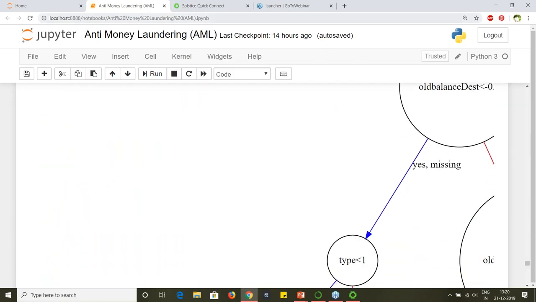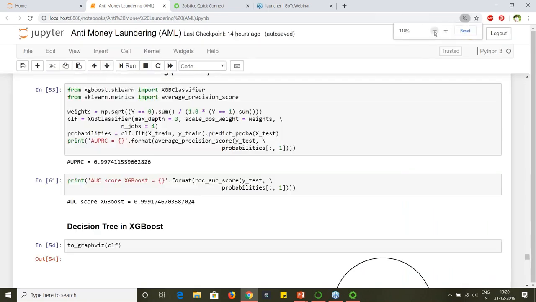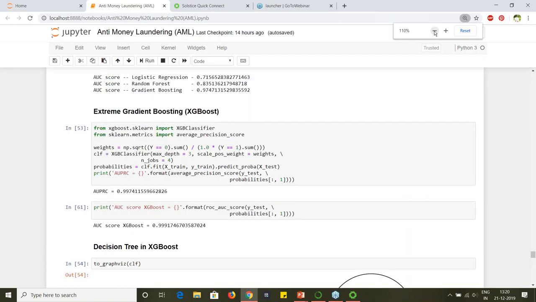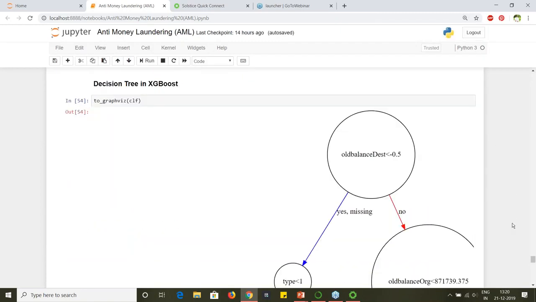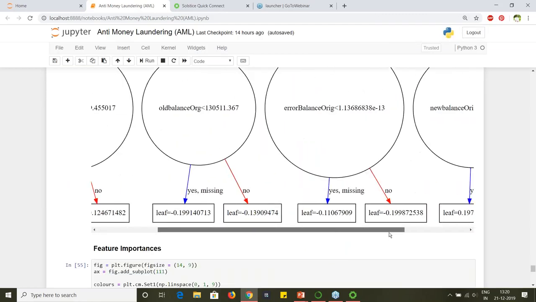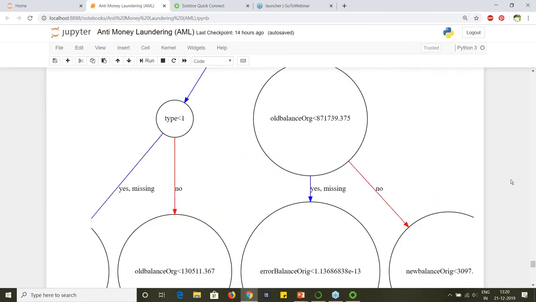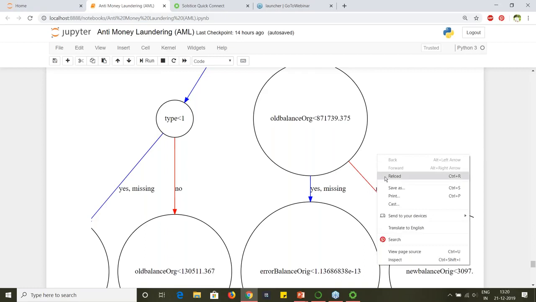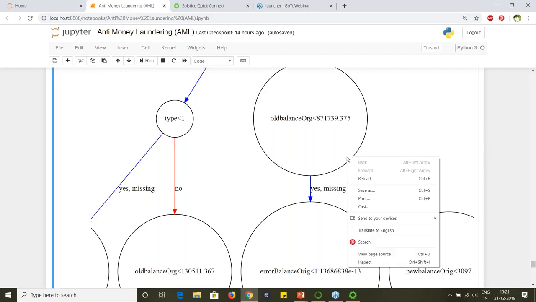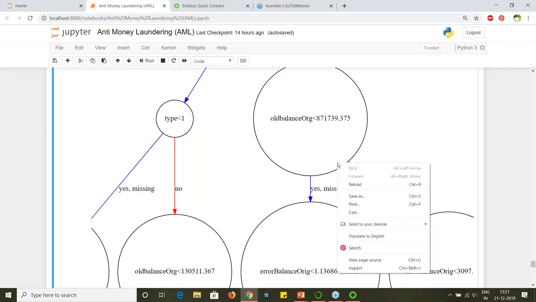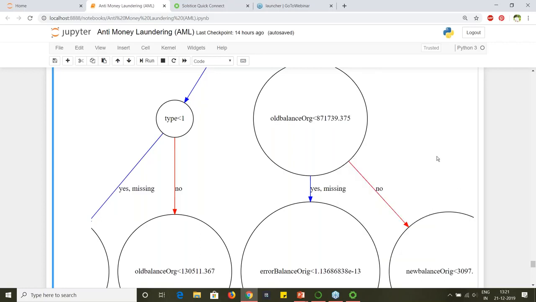Or you can just left click and open image in a new tab. It's not coming up in your application. You can just minimize.